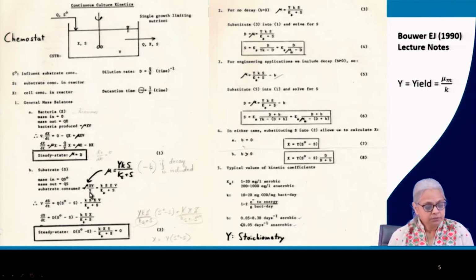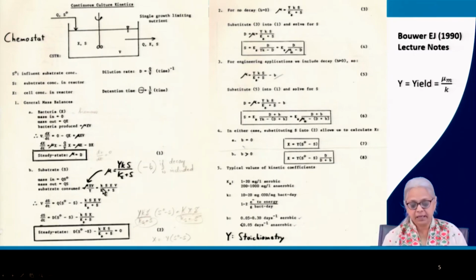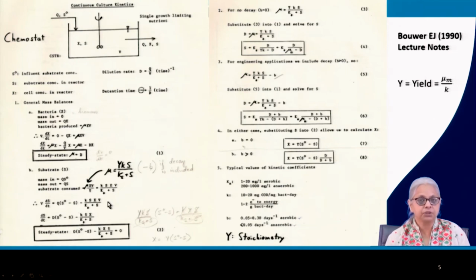So this can also be expressed in terms of substrate, and like I said, we've already done this, so I won't repeat it here. This is equal to kxV divided by Ks, capital Ks, which is the half velocity constant, plus the substrate concentration.